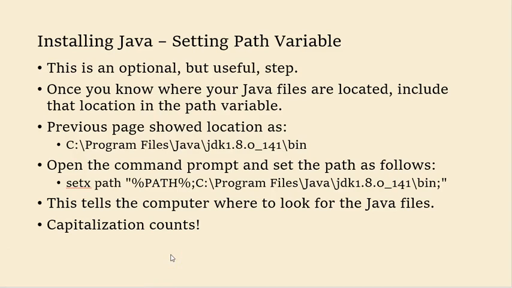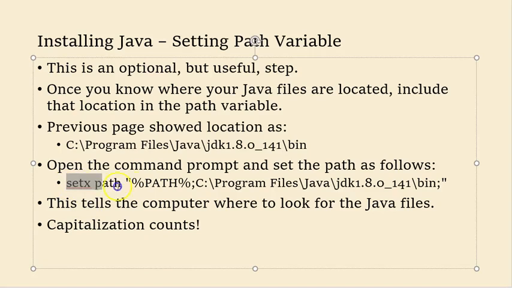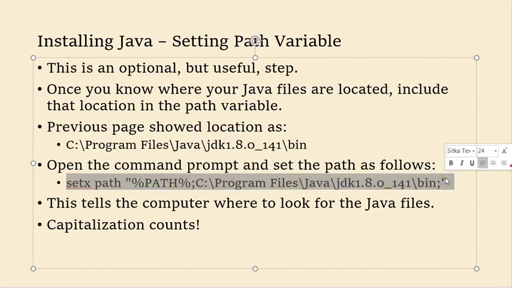Java usually works, javac usually does not, because the computer doesn't know where to look for it. So what you do is you set the path. If you don't do this ahead of the camp, that's fine, but if you want to get things running ahead of time, just type that into the command prompt.